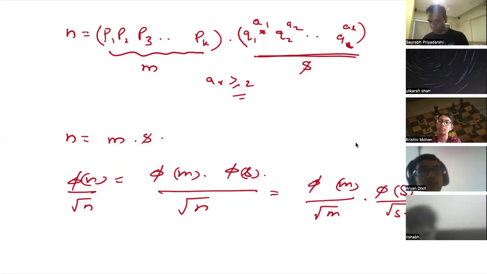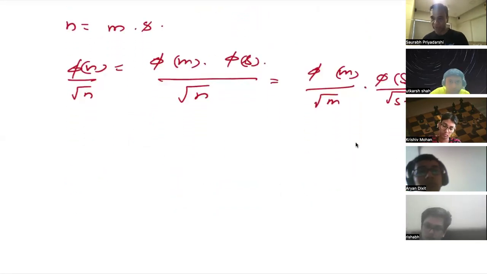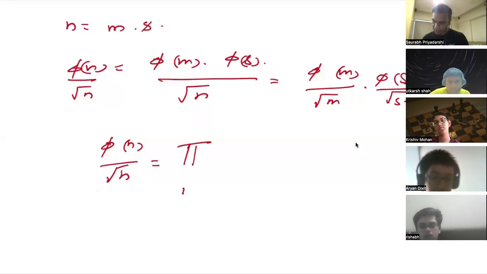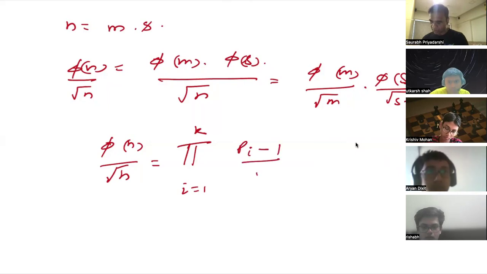So I hope everyone is getting this now. This phi of n by root of n is nothing but the product over i equal to 1 to k of (pi minus 1) by under root of pi.